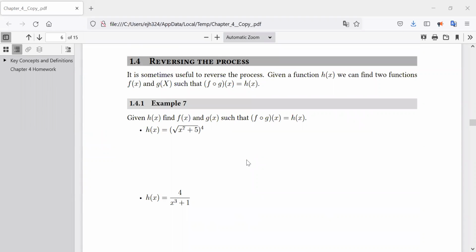Okay, so reversing the process here. Sometimes we want to view a given function as a composition of functions. There's a natural way to do that sometimes.